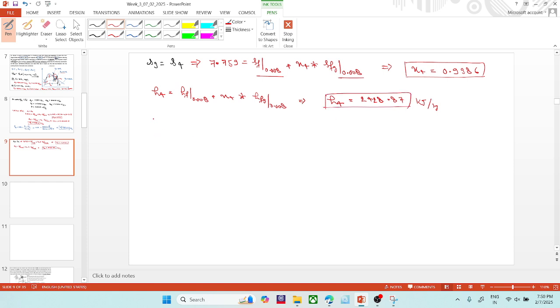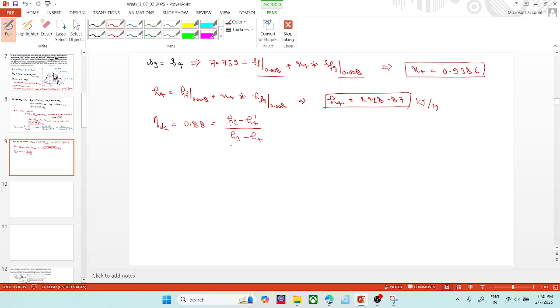Next, we will apply the isentropic efficiency for turbine 2, which is 0.88. So the expression would be H3 minus H4 dash divided by H3 minus H4.